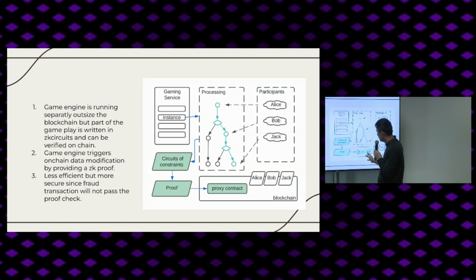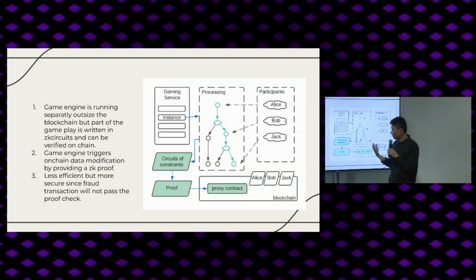This architecture is a big improvement over the previous one, but the problem is that it's very hard to reason about whether the semantics of the circuit is exactly the same as the semantics of the game. You have a game, you have a circuit, and you want to convince people that if the circuit's constraints are satisfied, then the game was run in the same manner.